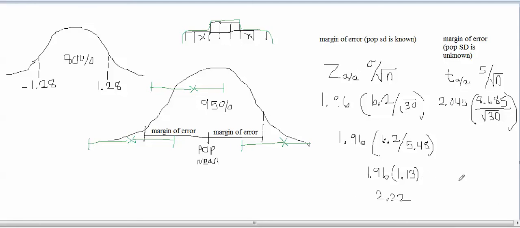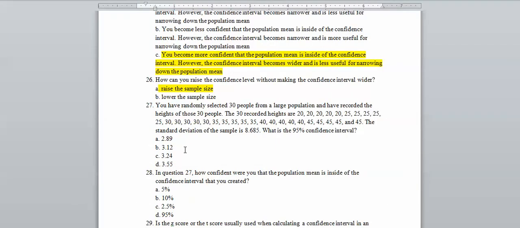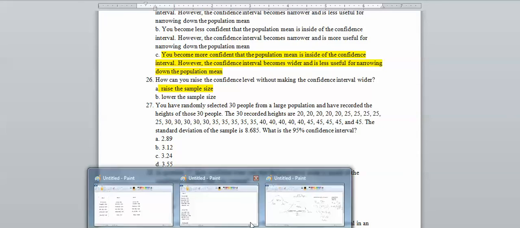And then once you get the margin of error, what you'll do is you'll calculate the sample mean. The sample mean is just the total of these 30 numbers divided by 30. So you'll add the 30 numbers, you'll divide by 30, and you'll have your sample mean.